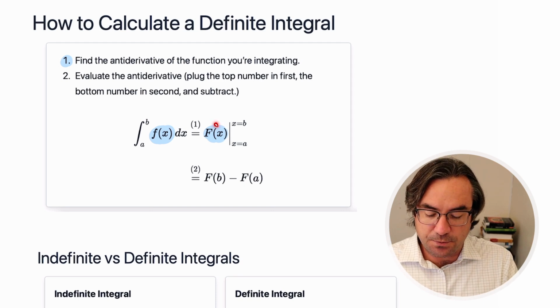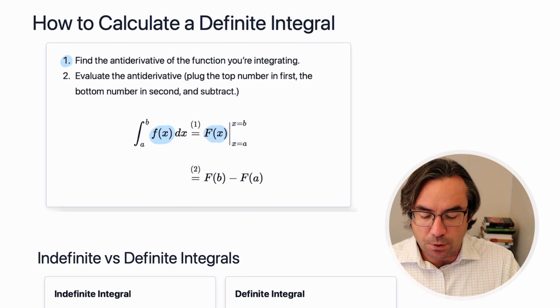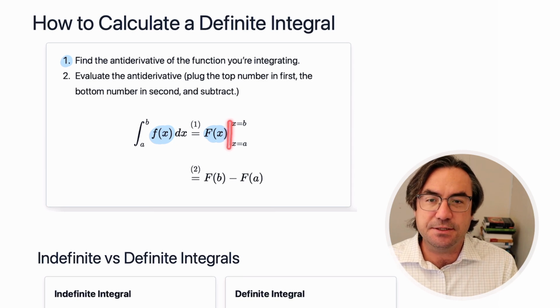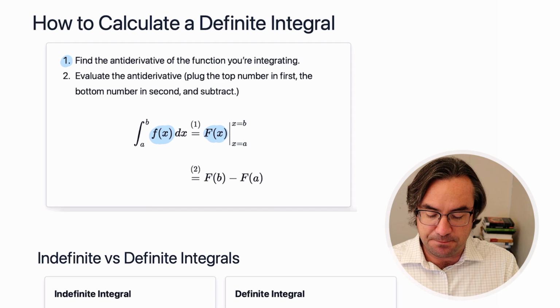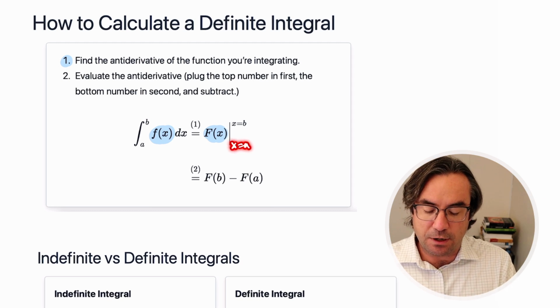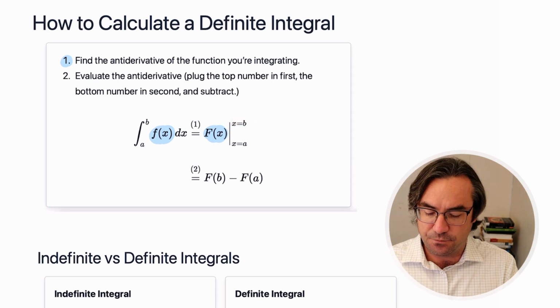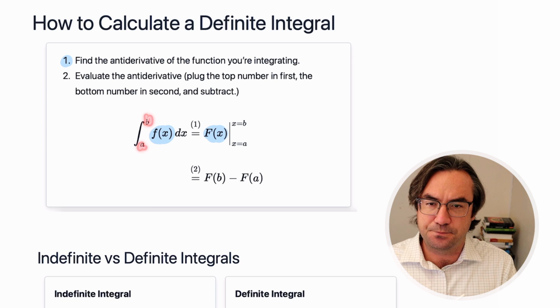Once we have the antiderivative, we put this vertical line at the end, which means evaluate. We put our lower limit at the bottom and our upper limit at the top, from our limits of integration.